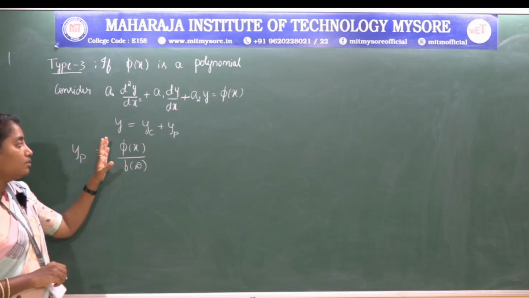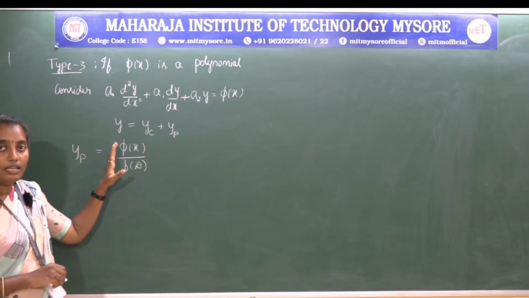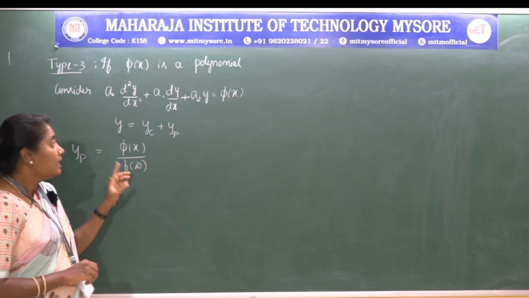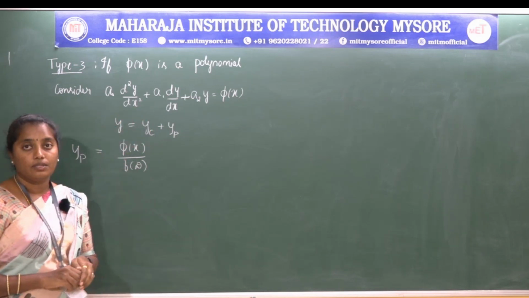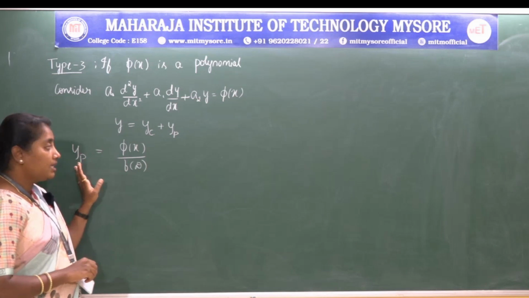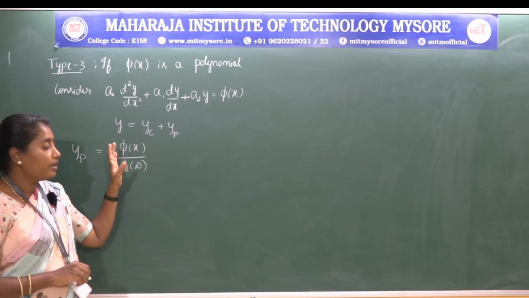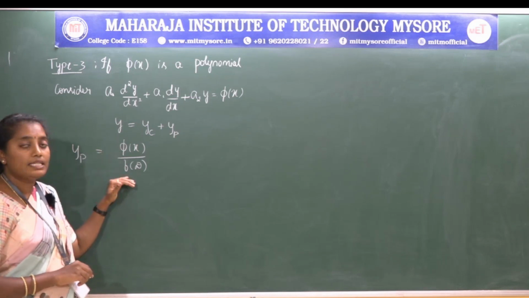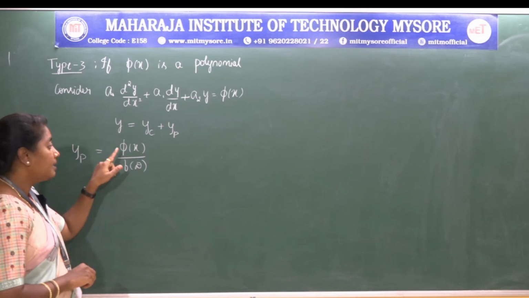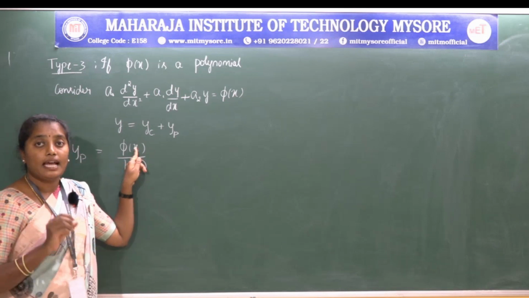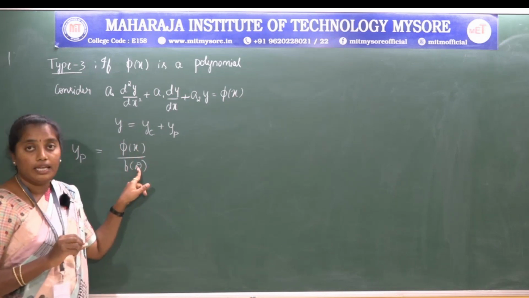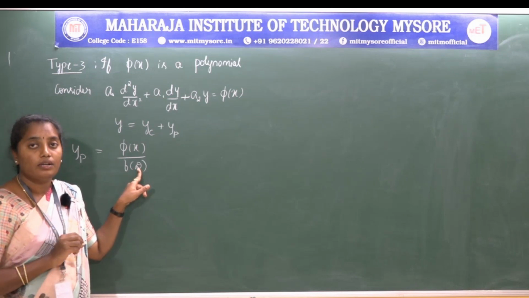Yp is equal to phi of x, that polynomial equation, divided by f of d, where f of d is the differential operator function. To get a particular integral if phi of x is a polynomial, we have to divide phi of x by f of d by writing phi of x as descending powers of x and f of d as ascending powers of d.